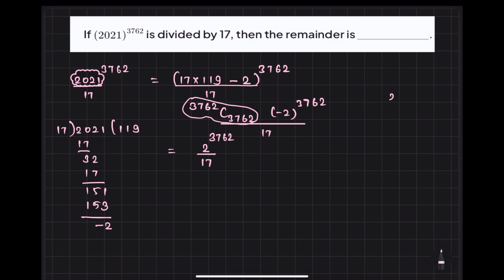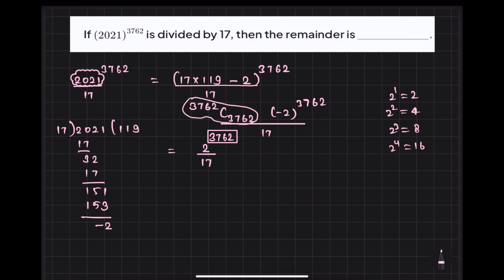So 2 power 1 is 2, 2 power 2 is 4, 2 power 3 is 8, 2 power 4 is 16, and 16 is closer to 17, means we want 2 power 4. So now do you think you can separate 4? You can take 4 out of this? No, because this number is not divisible by 4. So we have to make the last two digits divisible by 4.